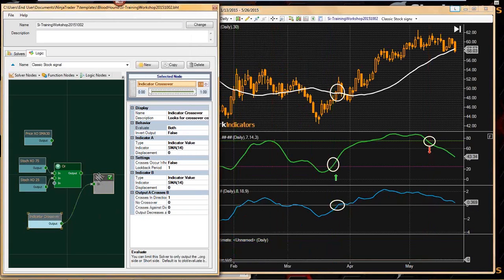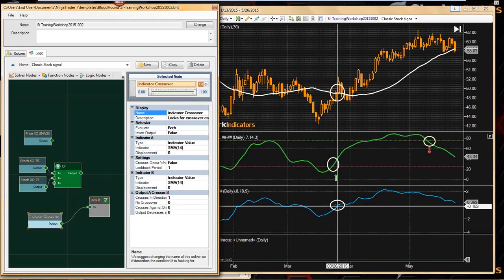So I'm using the crossover because the crossover is going to give me one signal at the crossover point. Let me get this built and kind of explain. It'll be easier to explain once you see the signals on the chart why I'm using the crossover.